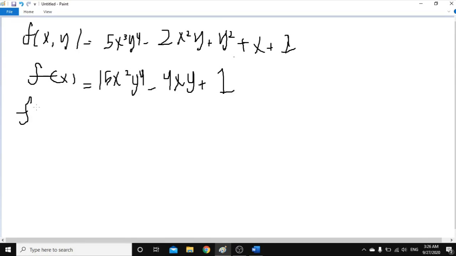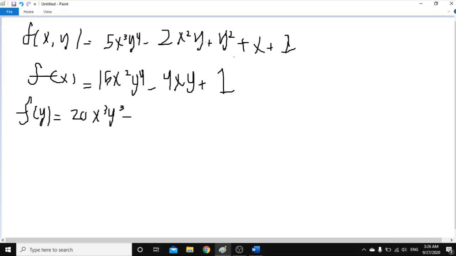Let's take the second function, f with respect to y. Let's deal with y from the original function. So 5 times 4 is 20, 20x cubed, y to the 4 minus 1 is 3, so 20x cubed y cubed. Minus, here is 2x squared y.